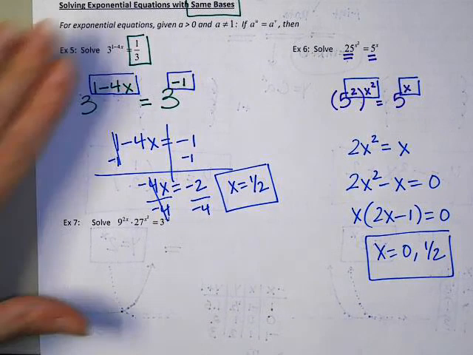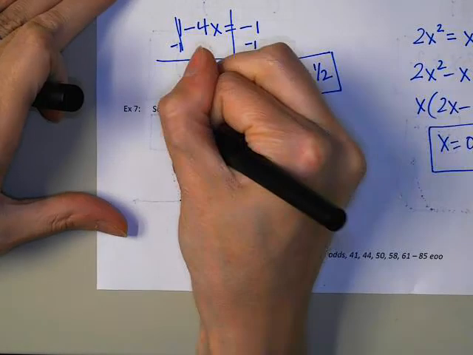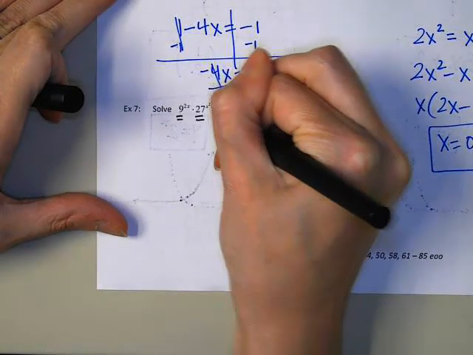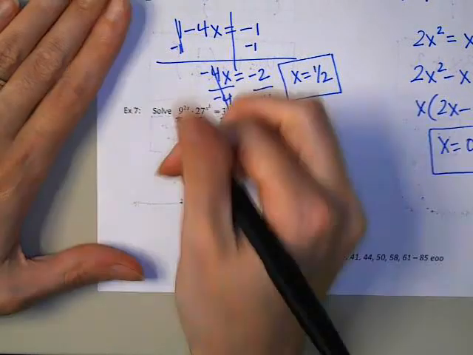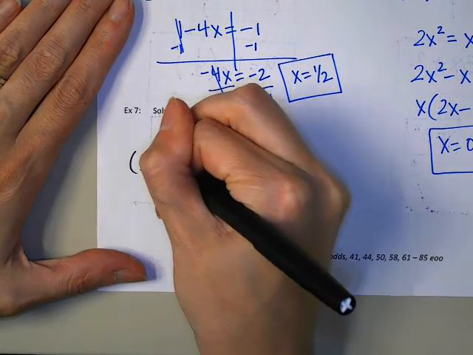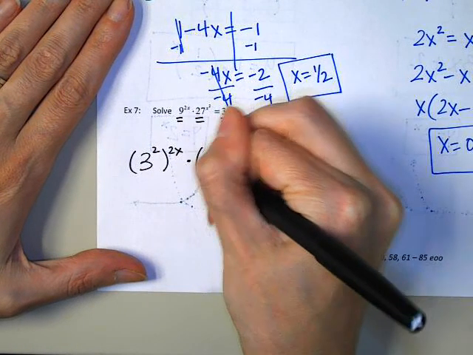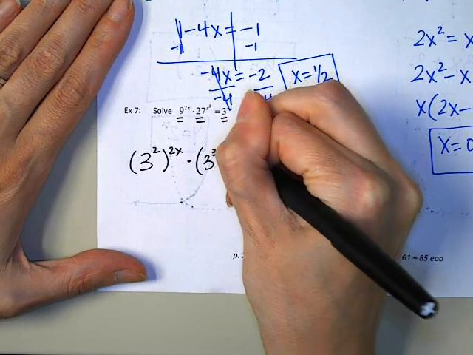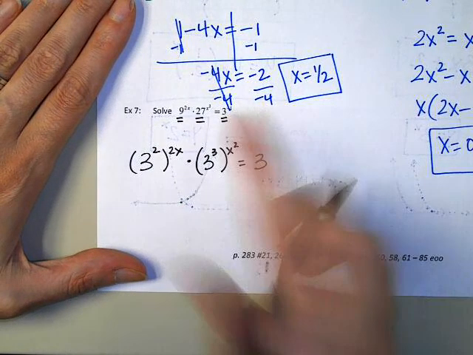All right, last one. Same idea. Is there any way we can rewrite 9, 27, and 3 all as a common base? And yes, you would say base 3. So 9 would be 3 squared, 2x. 27 would be 3 cubed, x squared. And then this one already, oh, and I can't see it. I think that's a negative 1.